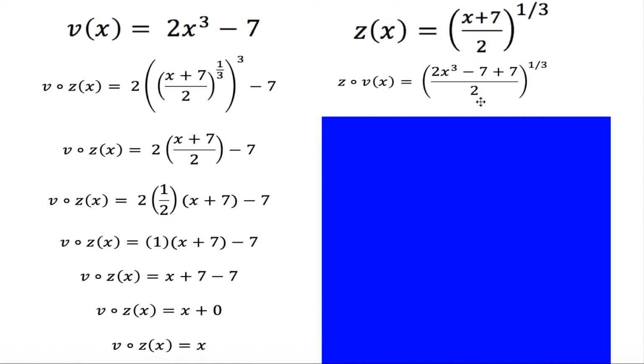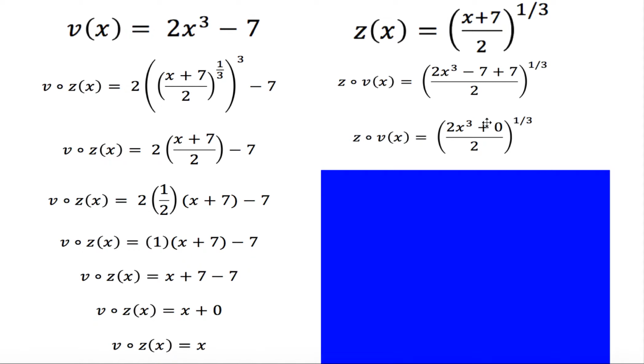And so now we actually are going to end up with this nice function here, but we need to simplify it. So let's start on the inside of our parentheses. We have here a negative 7 plus 7. Well, these are inverses of each other. They are opposites, and they make 0. And so we could simplify this here to say that 2x to the third plus 0 is equivalent.